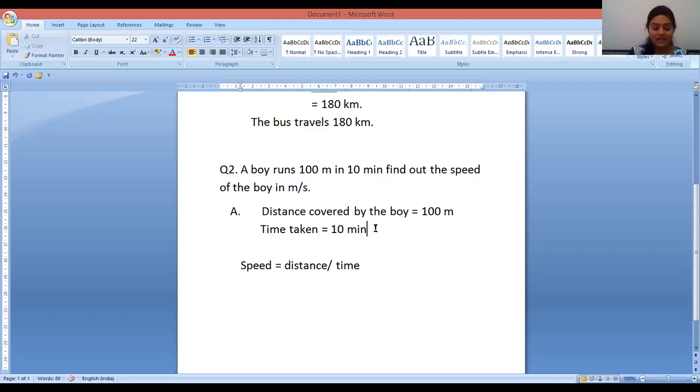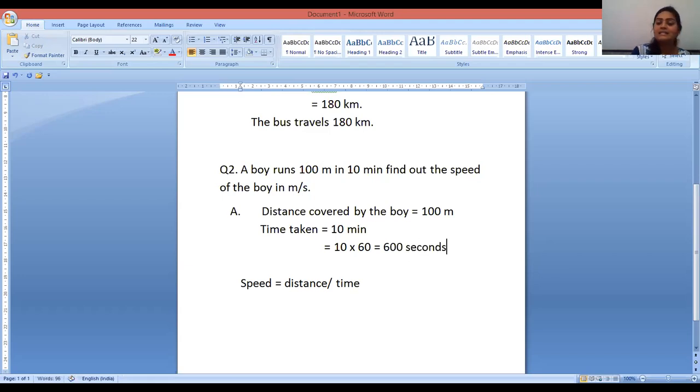No. That means I have to convert this minute into seconds. As we have already learned the conversion, larger to smaller quantity, so I will multiply 10 with 60. And the answer I get is 600 seconds.